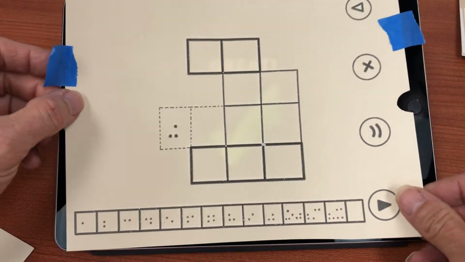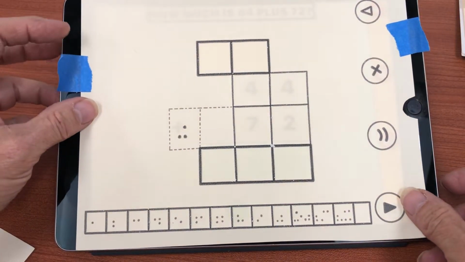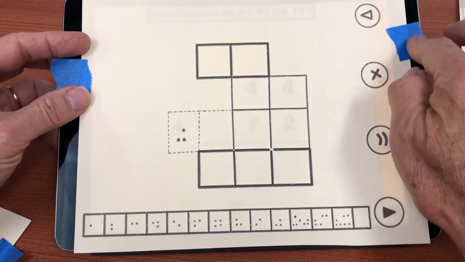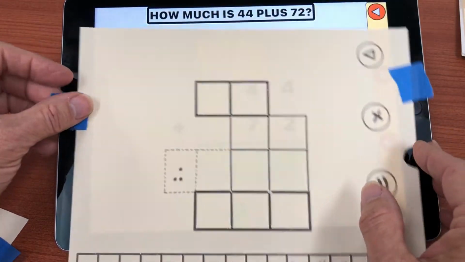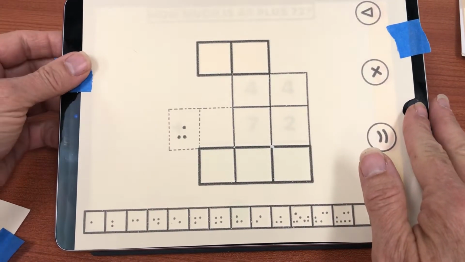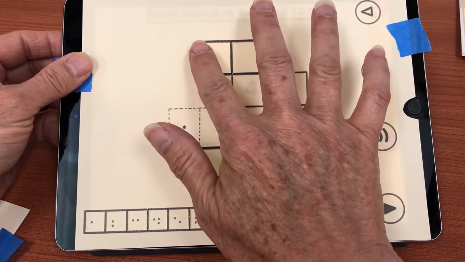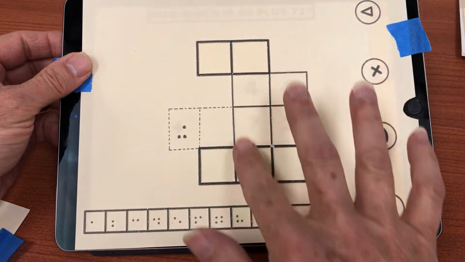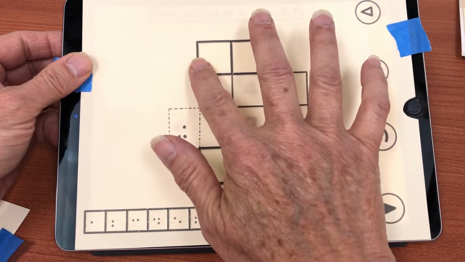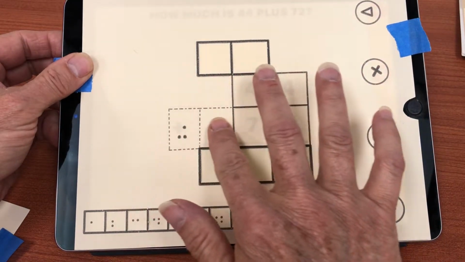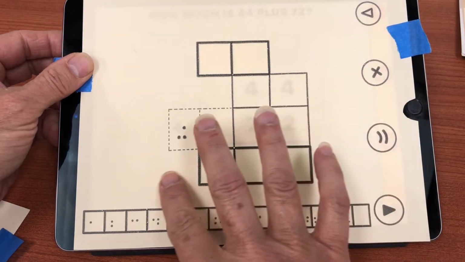And then we have the tactile overlay. How much is 44 plus 72? That can be placed over the iPad, and so you can have a tactile grid so that you can keep your orientation. So 47 plus 72.